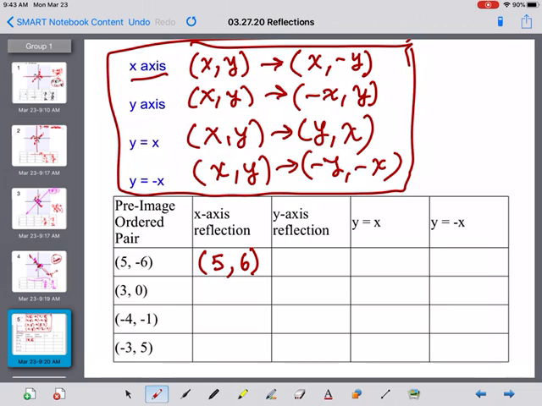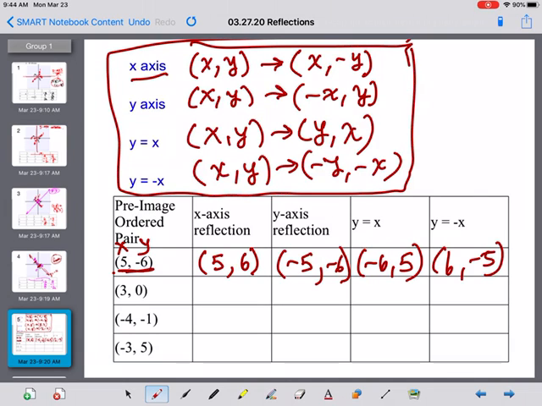Basically you're just plugging the (5, negative 6) in for x and y into the mapping. So the y-axis reflection would be (negative 5, negative 6). And then y equals x, you just change the x and the y. So (5, negative 6) becomes (negative 6, 5). And then y equals negative x becomes (6, negative 5).